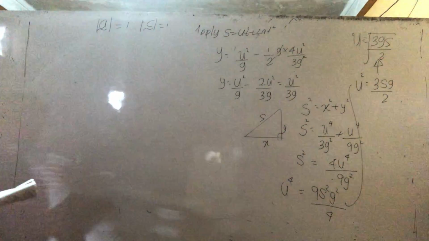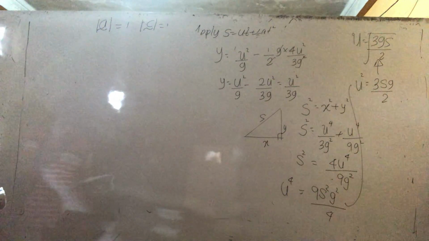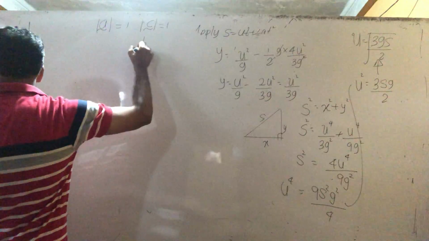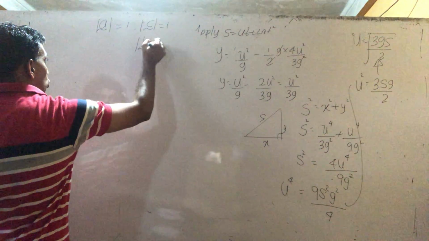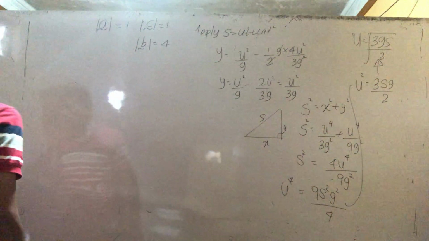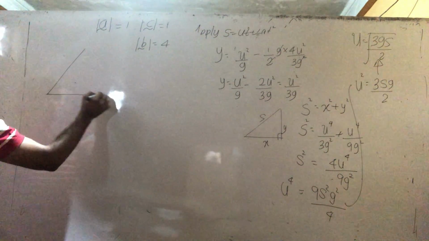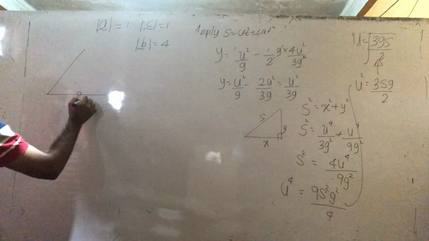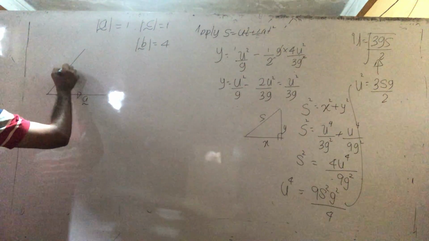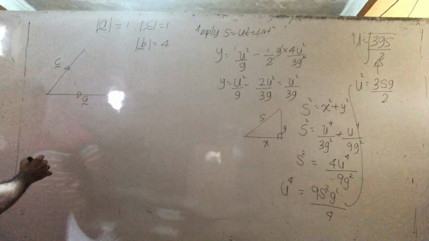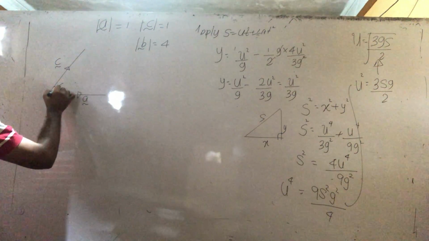A and C are two unit vectors, and there is another new vector B. Vector B modulus equal 4. And the angle between vector A and C is given as theta.